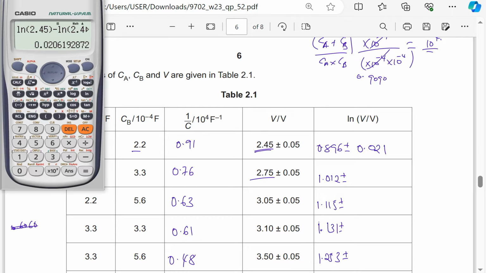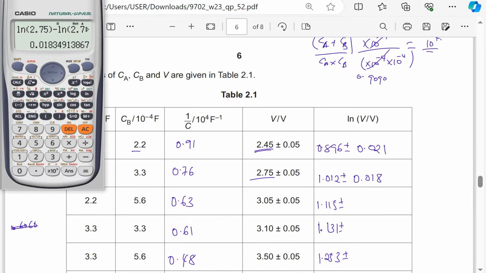Then the next one is going to be ln of 2.75 minus ln of 2.75 minus 0.05. So that is 0.018.